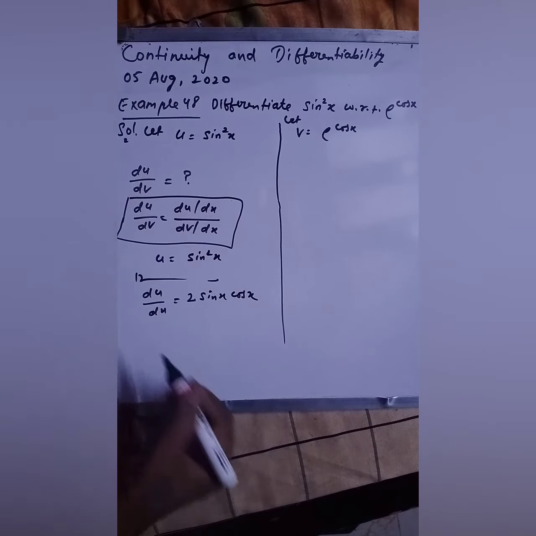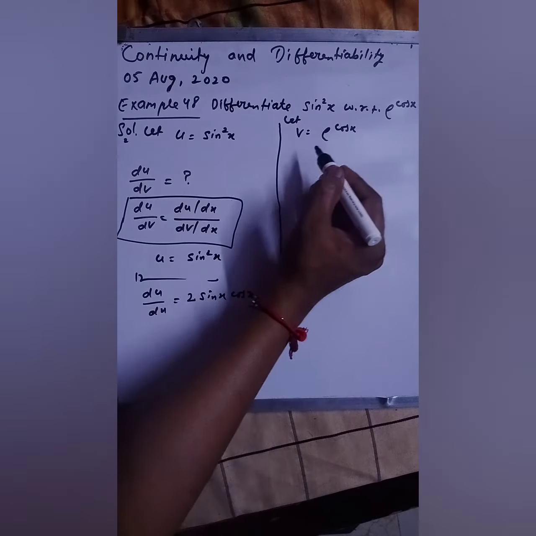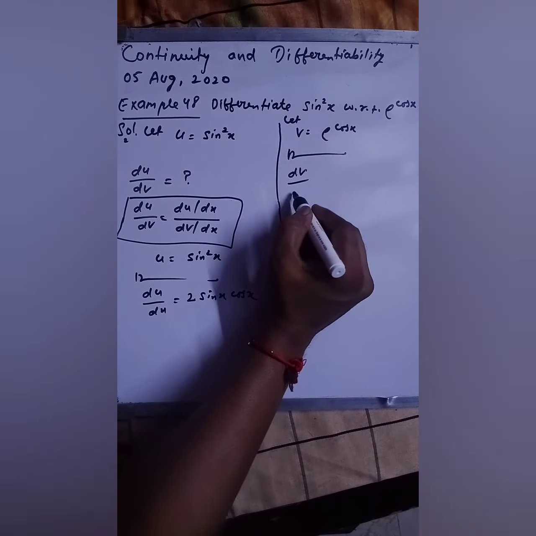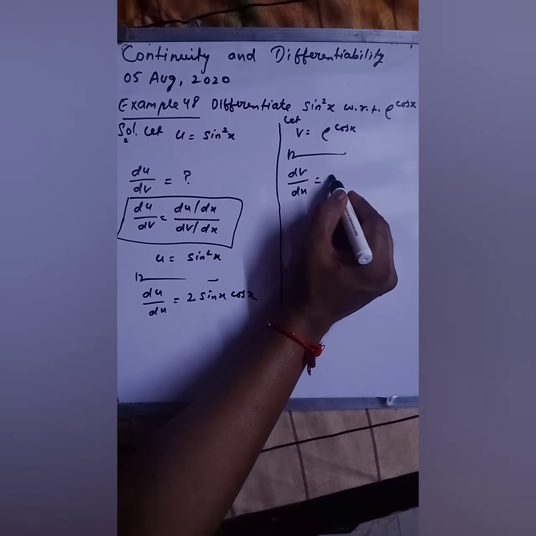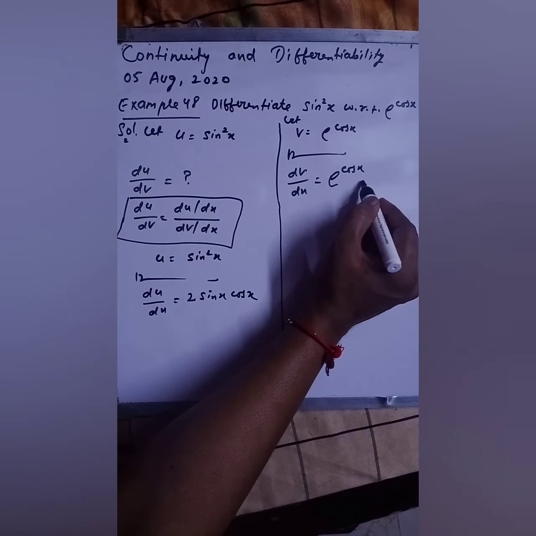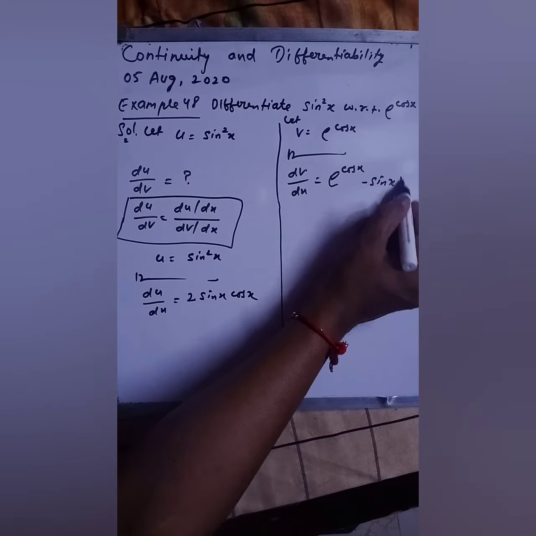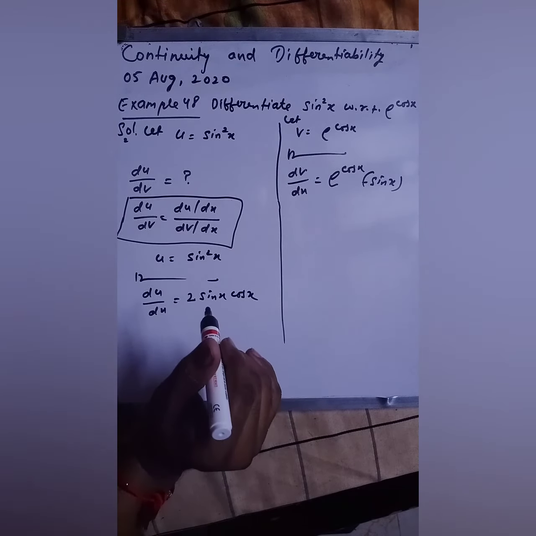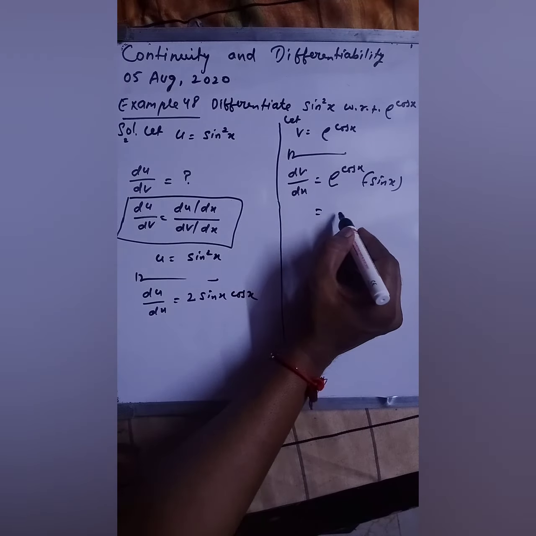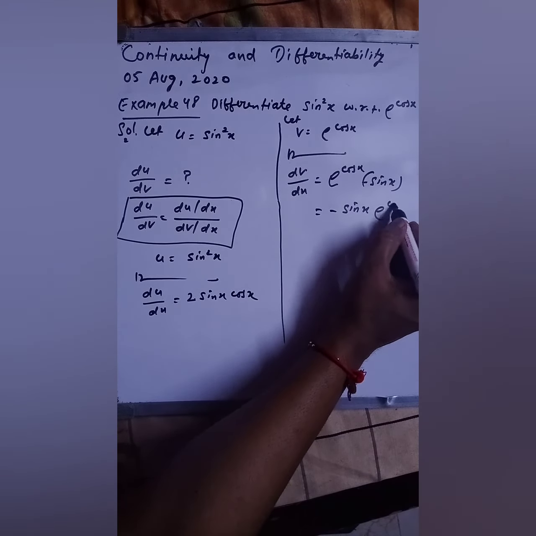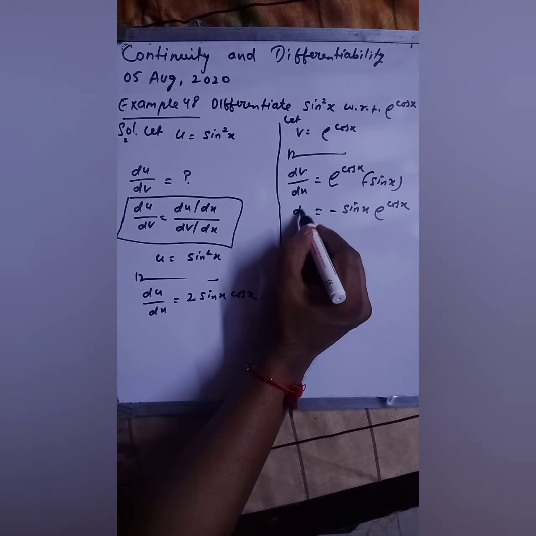Similarly, differentiating this, dv by dx equals e raised to power cos x, and then the derivative of cos x is minus sine x. On simplification you will get minus sine x e raised to power cos x as your dv by dx.